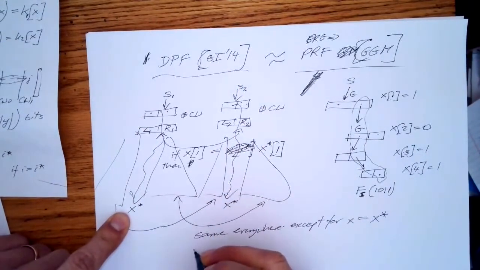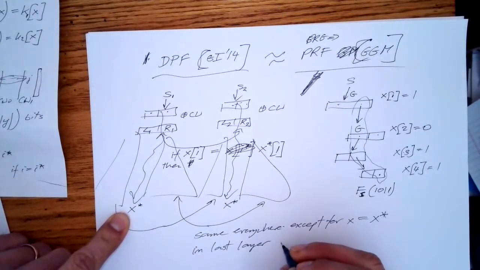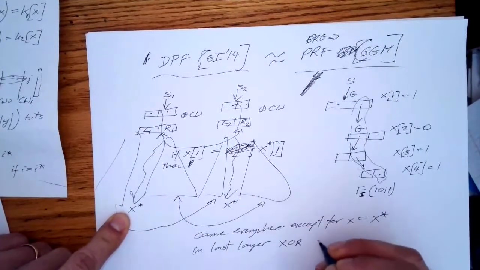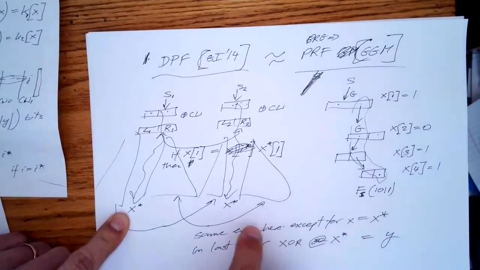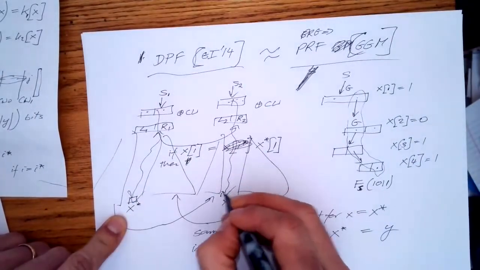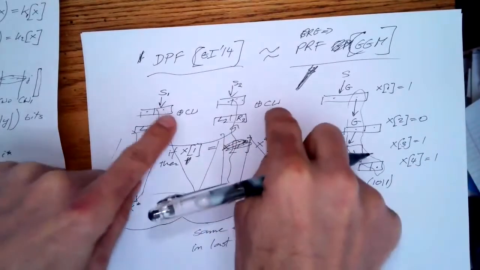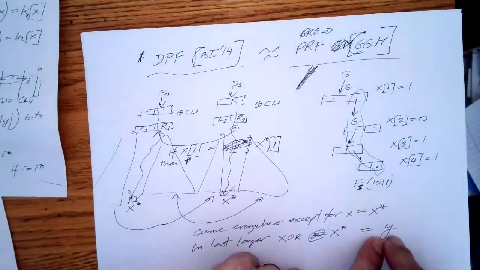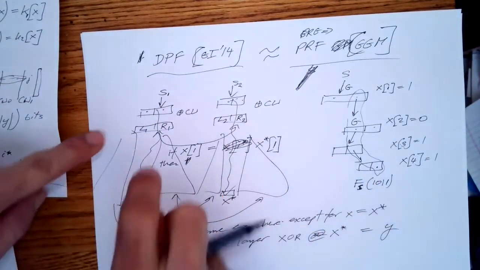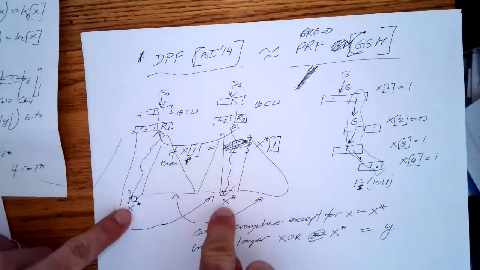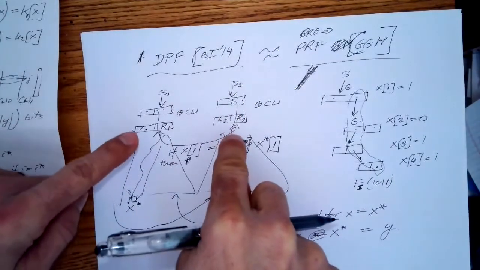And in the last layer, the XOR at position X star equals Y, of course, right? So the final leaf here, the two leaves must XOR to Y. So the final correction vector is going to somehow encode the Y. All the previous correction vectors just enforce this property that if you stay on the path to X star, the two seeds are different.